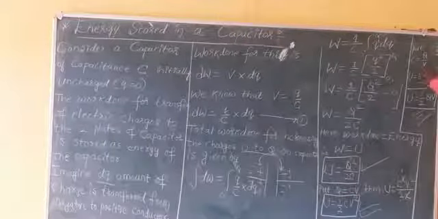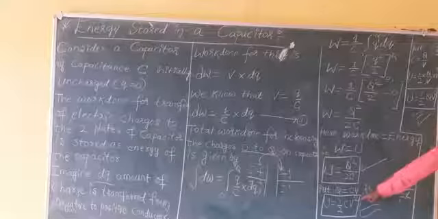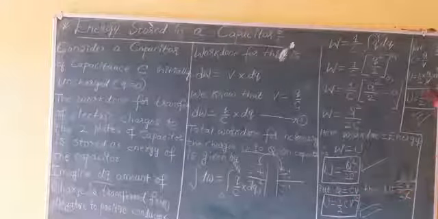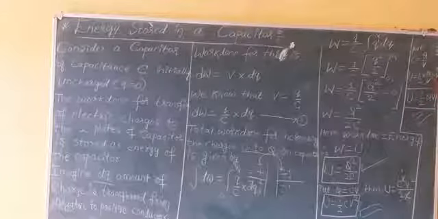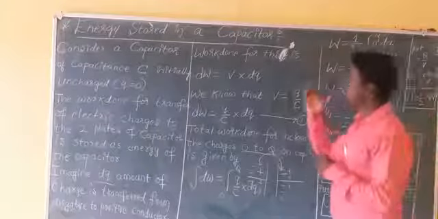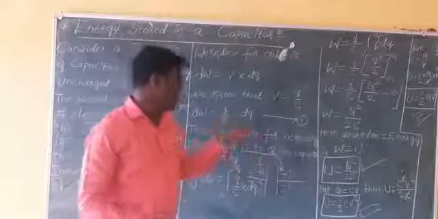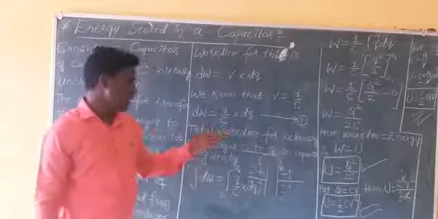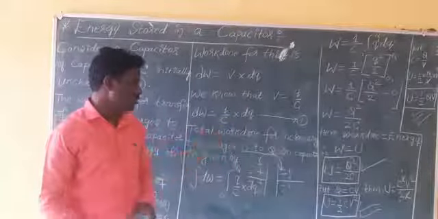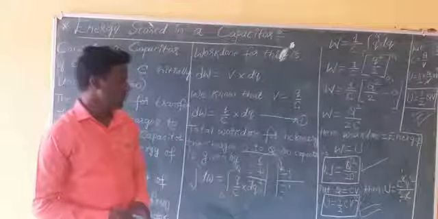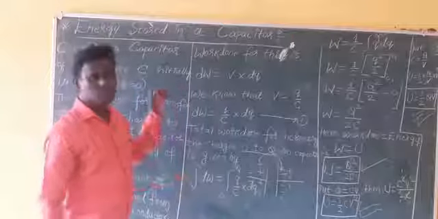Next substitute C equals Q by V: U equals 1 by 2 into Q by V into V square. V cancels, giving 1 by 2 QV. So the energy stored in a capacitor is U equals Q square by 2C, or 1 by 2 CV square, or 1 by 2 QV. This is about energy stored in a capacitor.